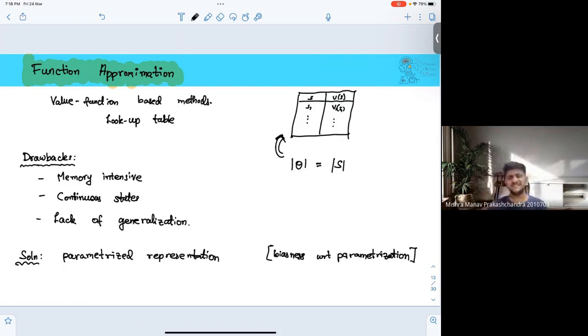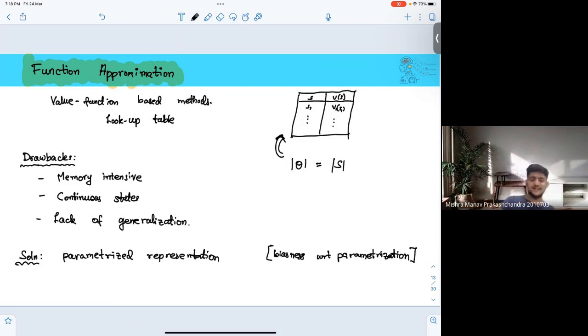So the idea is, in order to remove all these drawbacks, I want a very compact parameterization that captures the essence of the function that I'm trying to estimate or mimic.